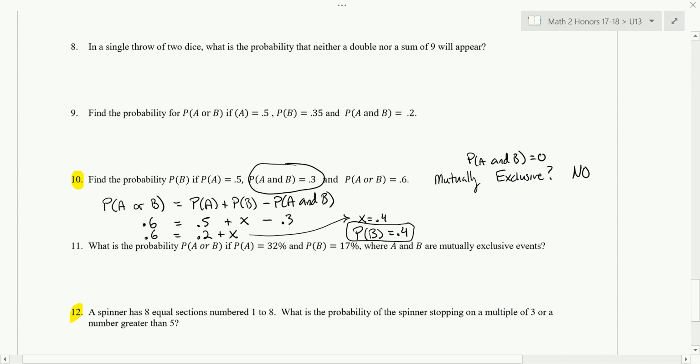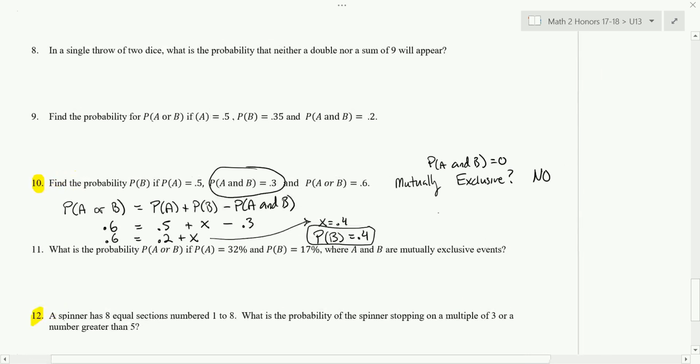Now, if I draw a Venn diagram, we can represent our probabilities in here. So probability of A, probability of B right here.